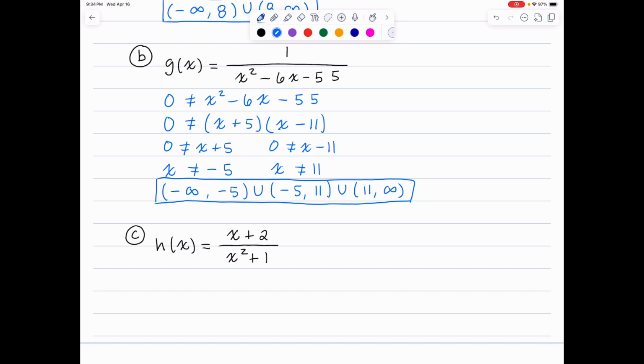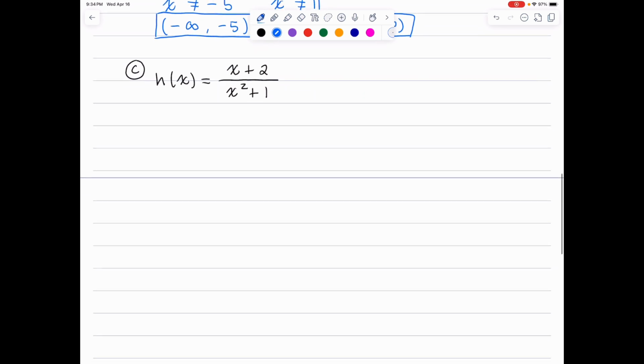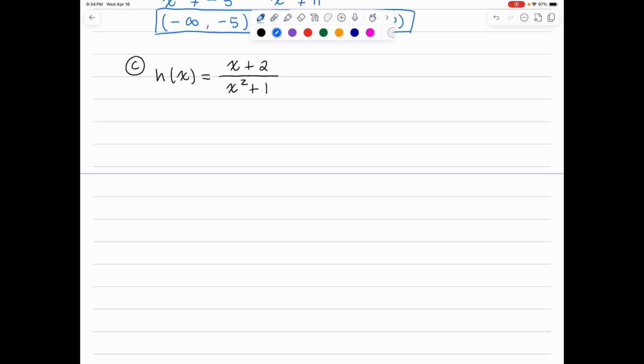So let's try it out. So we know that 0 cannot equal x squared plus 1. Now if I subtract 1 to the other side, right, I get negative 1 cannot equal x squared. Now if you take a moment and think about numbers that you can plug into x squared, you'll notice that they are all either 0 or positive.